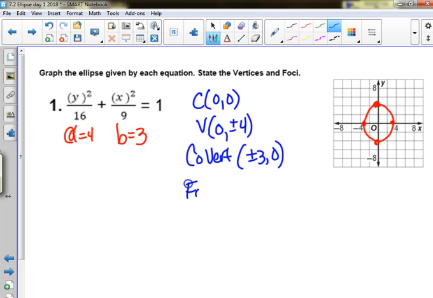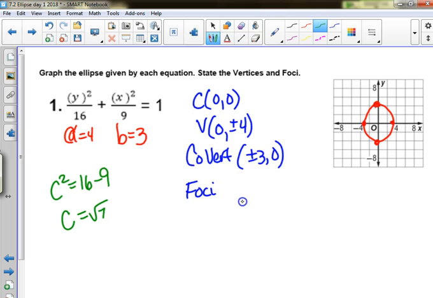The foci, okay, we need C. C squared equals A squared minus B squared, which would be square root of 7. If you get a radical, did I do that right? Okay. If we get a radical, just leave it. You can approximate it on the graph if you want, but I'm fine with you just leaving it a radical in the answer over here.